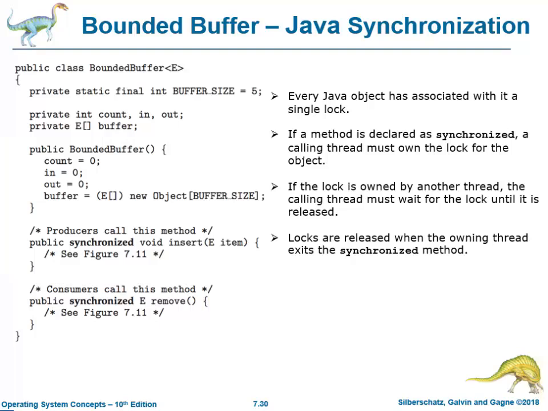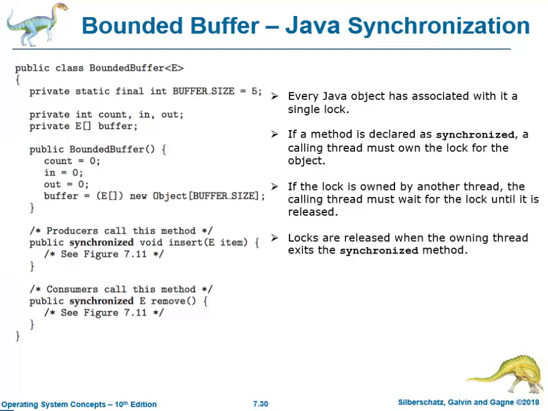We note the synchronized keyword; those are synchronized methods. Invoking a synchronized method requires owning the lock on an object instance of BoundedBuffer. So if the lock is already owned by another thread, the thread calling the synchronized method blocks and is placed in the entry set for the object's lock.